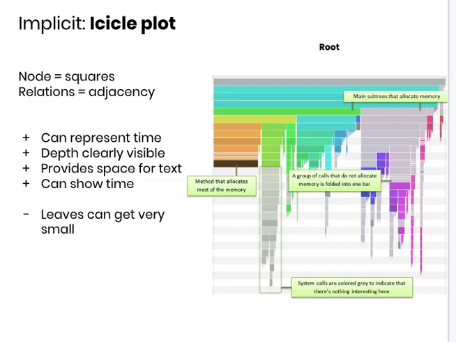The icicle plot is a very common technique for an implicit representation. And in implicit representations, remember, the parent-child relationships are not shown by lines between nodes as in node-link diagrams, but by adjacency, for example. So in an icicle plot, we have the root node on the top, and it really stretches the top of our tree here.